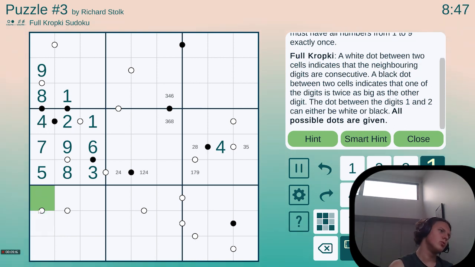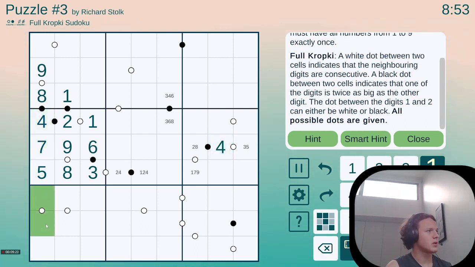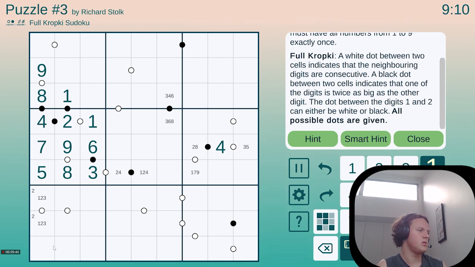Could be a 1, 2 or a 2, 3, 4, 5. So we know a 6 can't go there actually. So it could be a 1, 2 or a 2, 3. So we know there's a 2 there. And the 6 has to go on one of the ends.